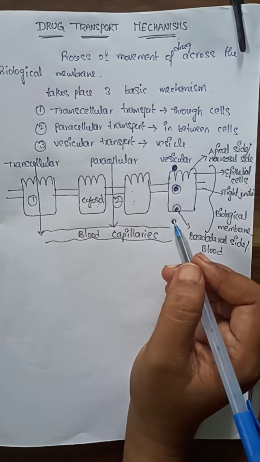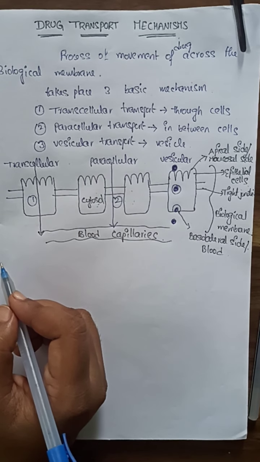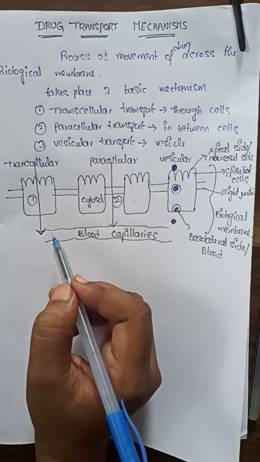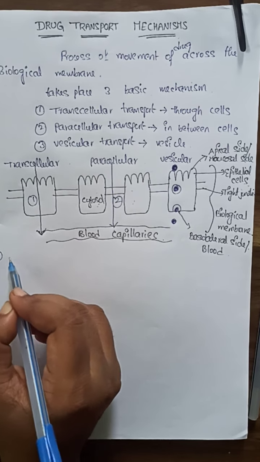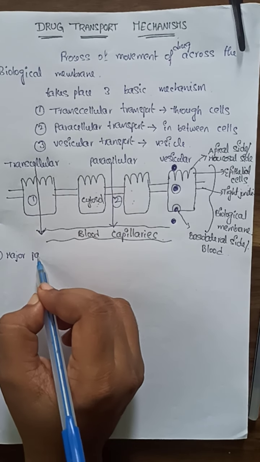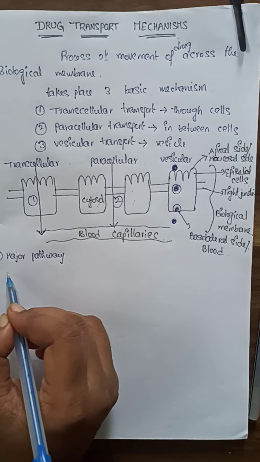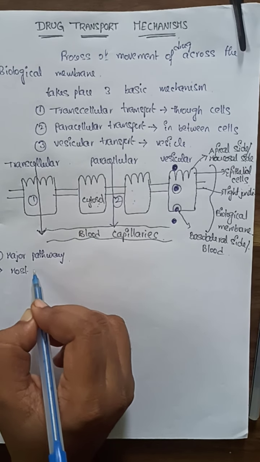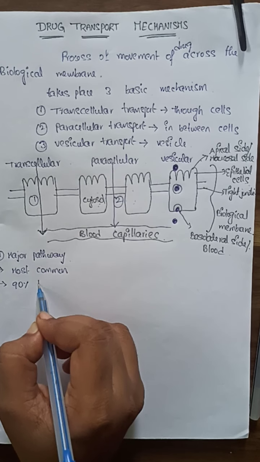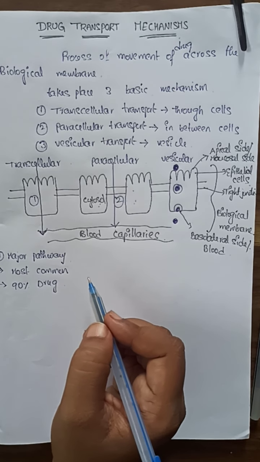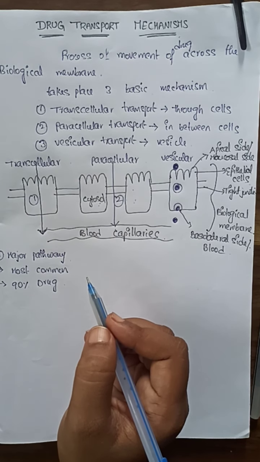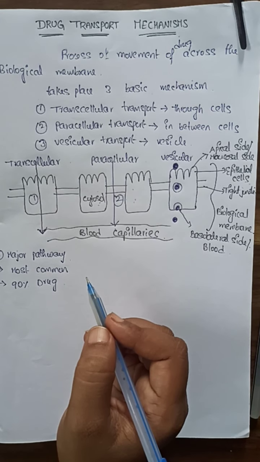So these are the three transport mechanisms. The first one, transcellular transport, the passage of the drug through the cells, is the major pathway for drug absorption and the most common pathway. 90% of the drugs are absorbed by this route, that means permeation through the cells.